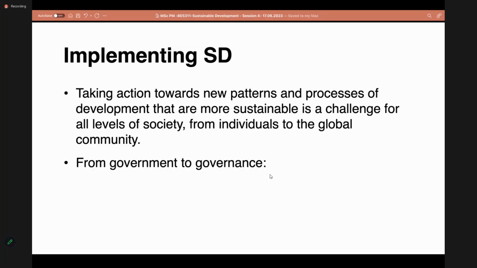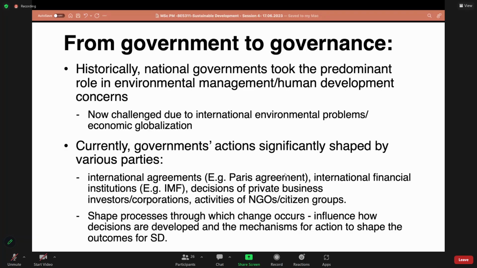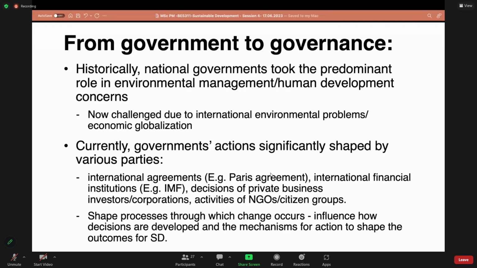So here, this word that we have to move towards new governance practices has been highlighted. The difference is that historically, these environmental problems were looked at as national problems, things that national government should take care of.